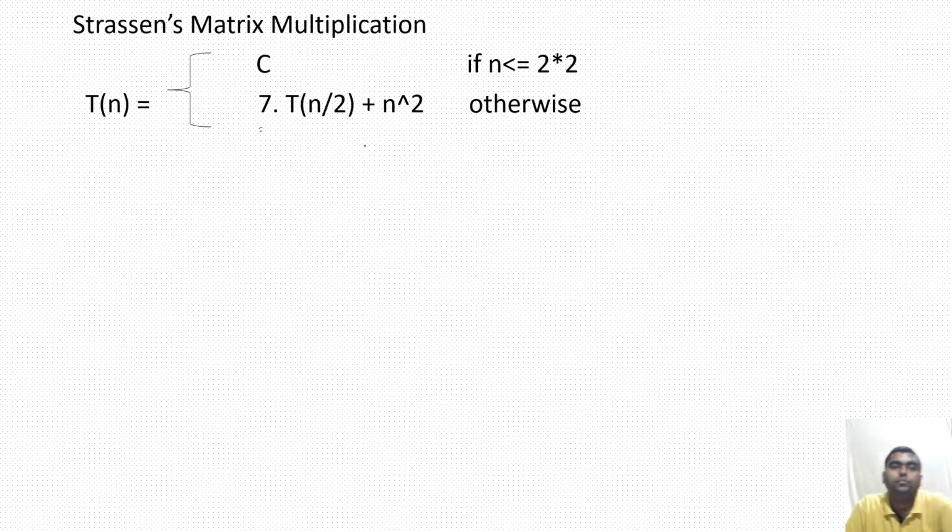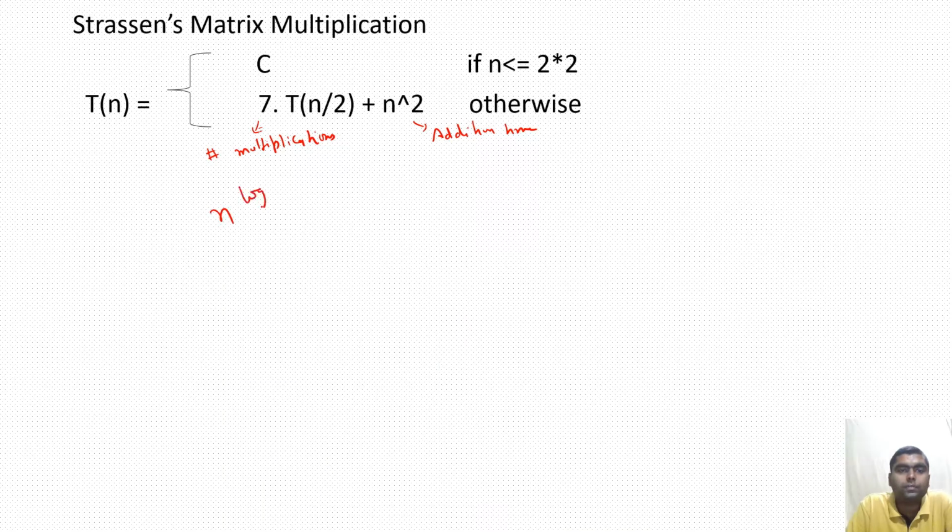Here 7 is the number of multiplications, and this is again the addition time. So just solve this.